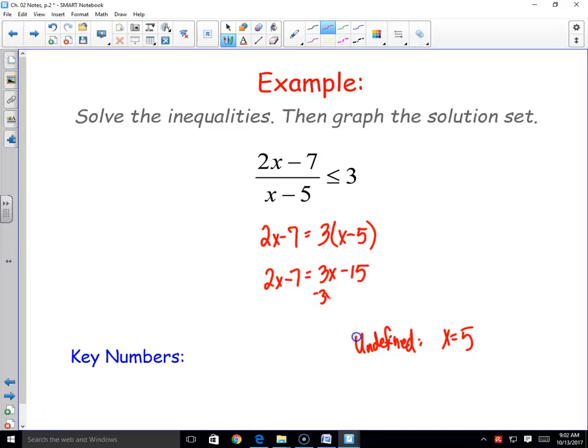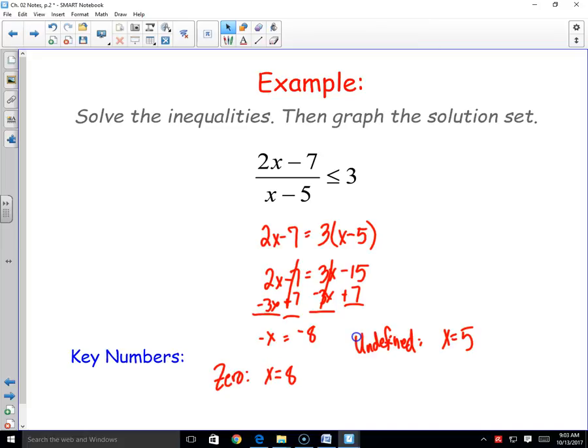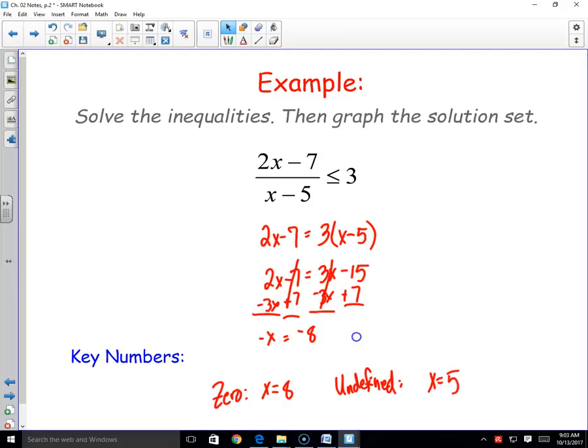I'm going to subtract the 3x, subtract the 3x, negative x, and then add the 7, equals negative 8. My 0, even though I solve for it a little bit weirder than the pitchfork, I can solve by kind of solving like you would in the olden days for an equation.